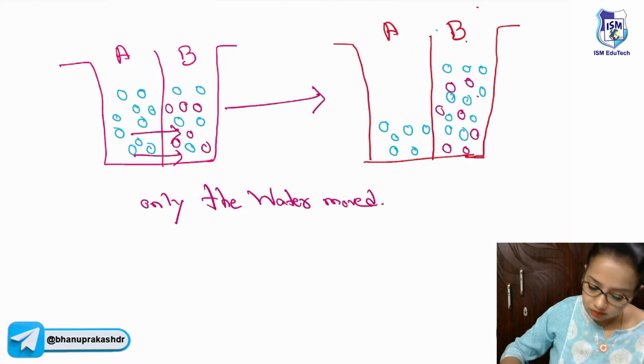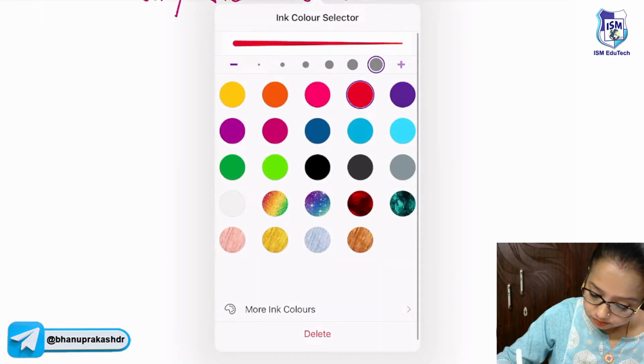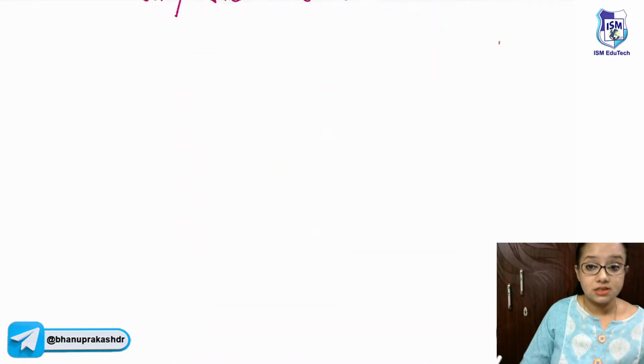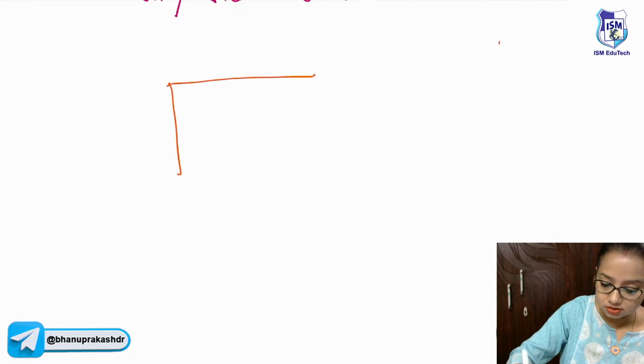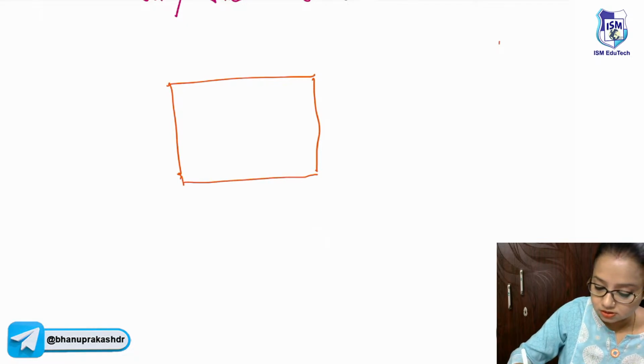Okay. Now, how does this concept work in our body? In our body, yesterday we understood osmolarity. We studied osmolarity and osmolality. See, this is our cell. Okay, this is the ICF and this is the ECF.